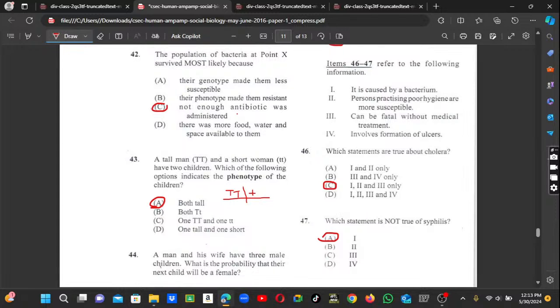Just a moment, guys. If they were to have children, this would not have changed, because we don't have one tall T and one short T here. So the children here would have been tall. So both would have been tall. Sorry. All right, moving along, guys.